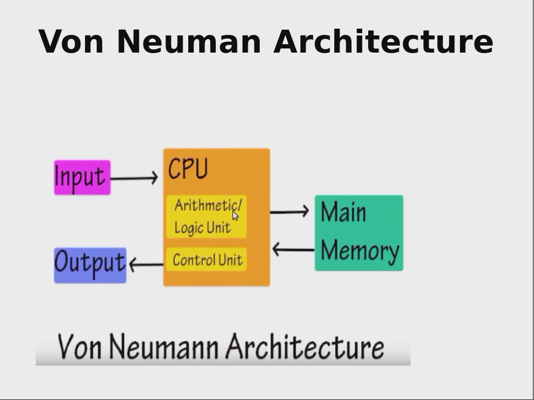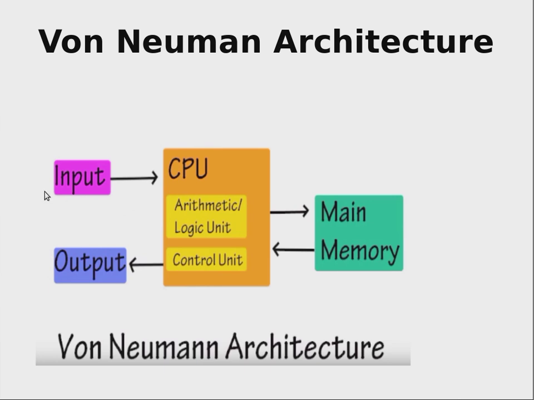So first you get some input and either load or you may already have stored an executable program for your hardware which actually describes and defines what exactly the processor will be doing.